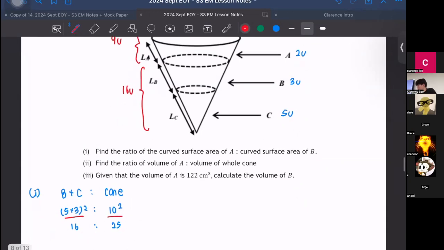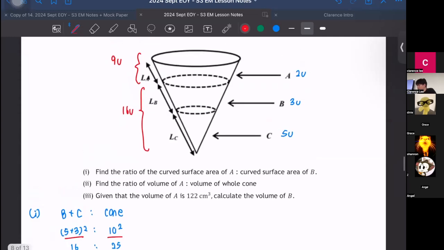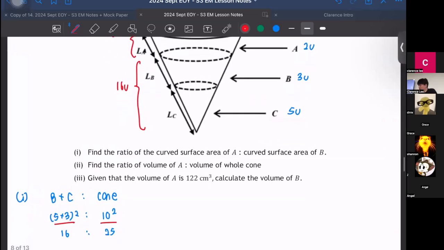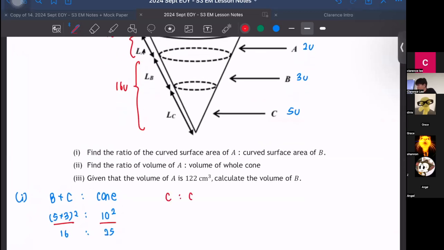Second step is you must go and find what is the volume of C. So you look at C and you look at the entire cone once again. If you compare your C is to your entire cone, you will realize you get 5 square is to 10 square. So once again, you simplify your fraction, you will get 1 is to 4.